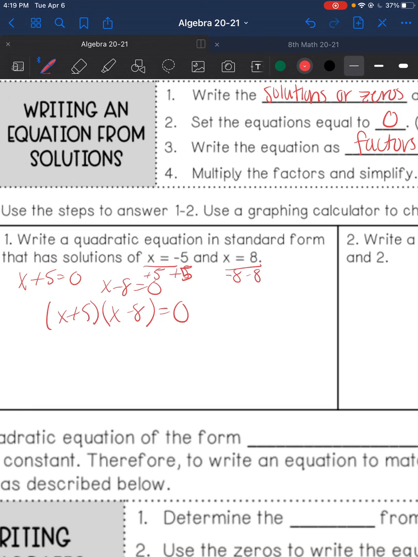Now we multiply. This is multiplying the polynomials. I'm going to use the FOIL method. First, x squared. Outside is x times -8, that's -8x. Inside is 5 times x. Last, 5 times -8 is -40, equals 0.